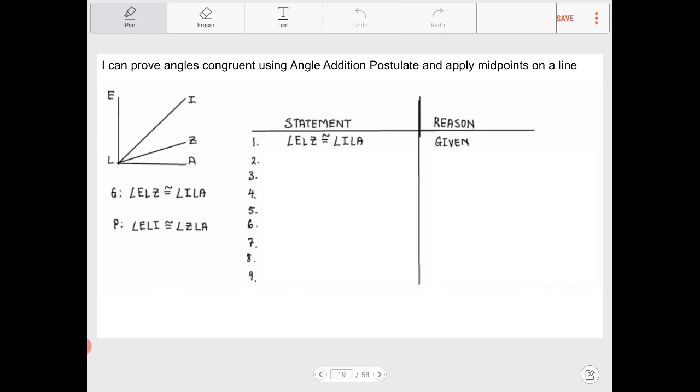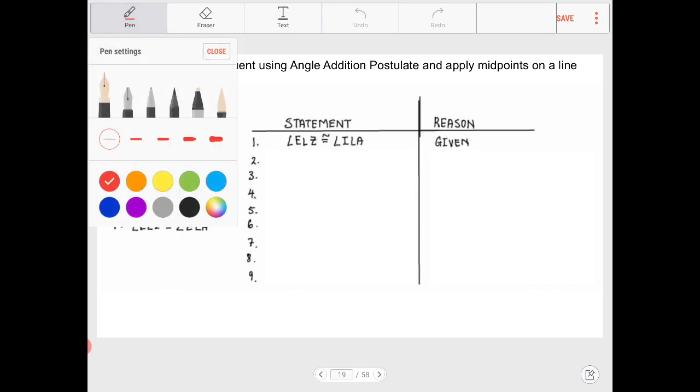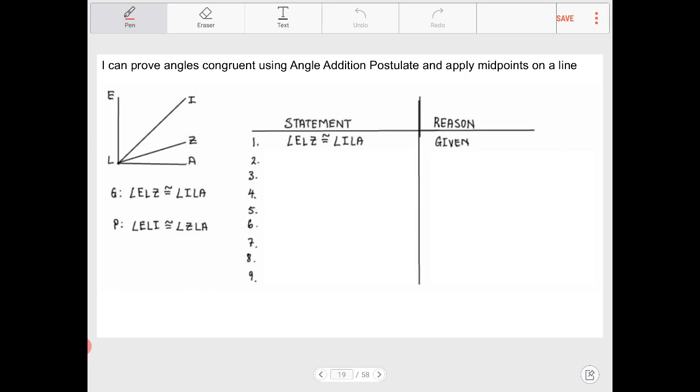So I know that ELZ is congruent to ILA. So I'm going to use my pen now. ELZ, which is this guy here, is congruent to ILA, which is this guy right there. My goal is to show that this smaller angle is congruent to this smaller angle.